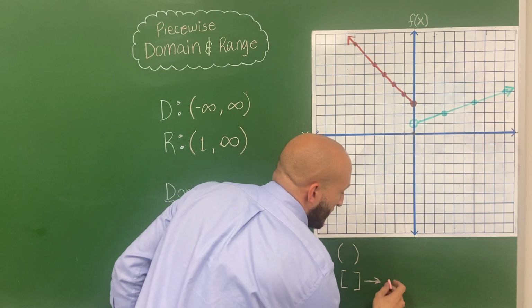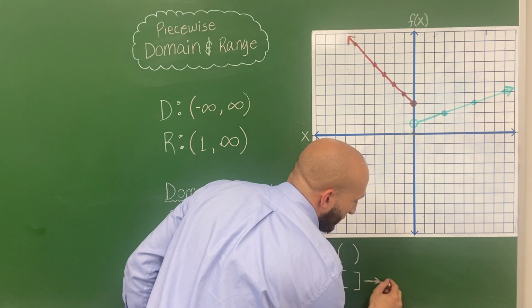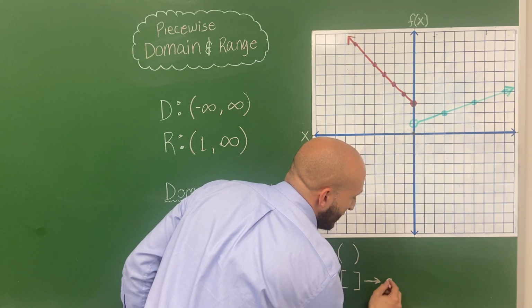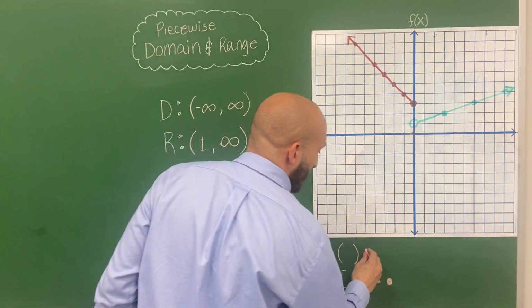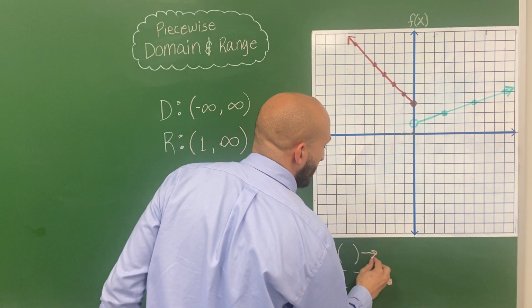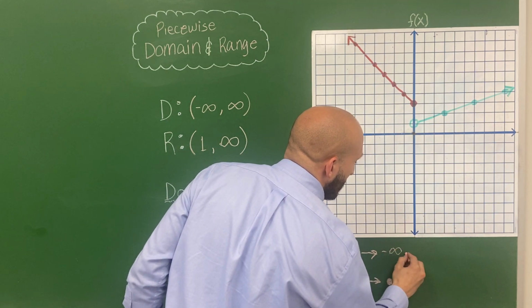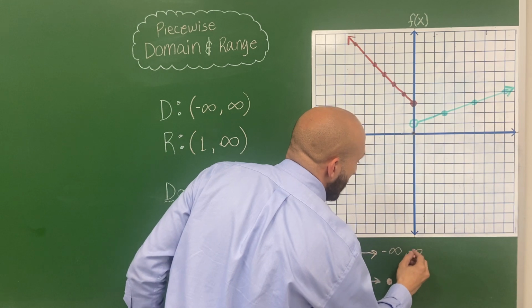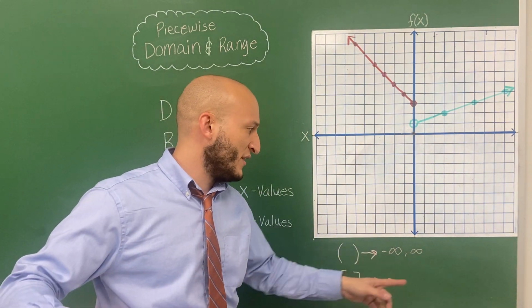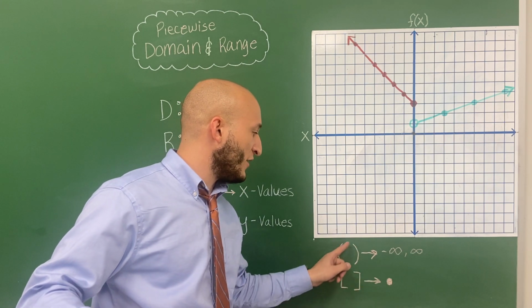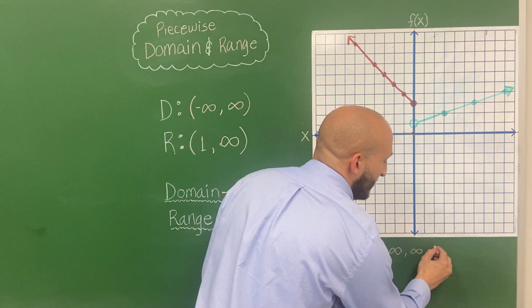Square brackets is when I actually have a value or a closed dot there, and parentheses is when I either have negative infinity or positive infinity, because there's no way I can actually land on negative infinity or positive infinity. So that's why we do the rounded or the parentheses. Or when I see an open dot.